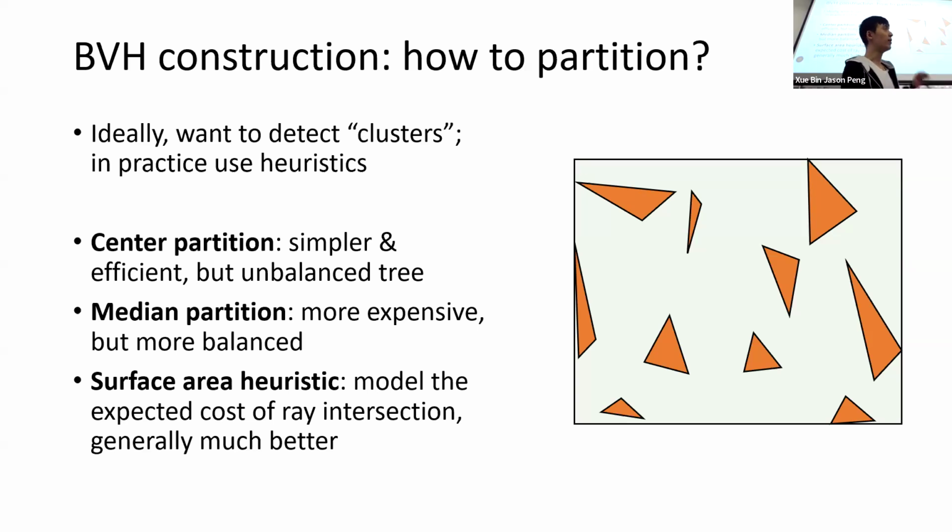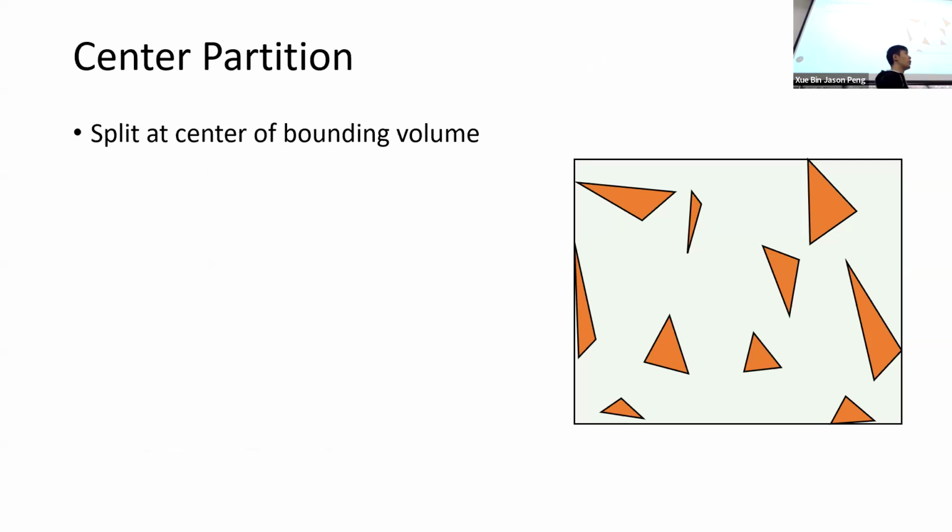On the screen here, I've listed a bunch of commonly used heuristics in practice. And let's go through each one of these heuristics to see how they might work. So one very simple heuristic we can use is that given a bounding volume, we can just split that bounding volume in half and then divide up the objects accordingly.